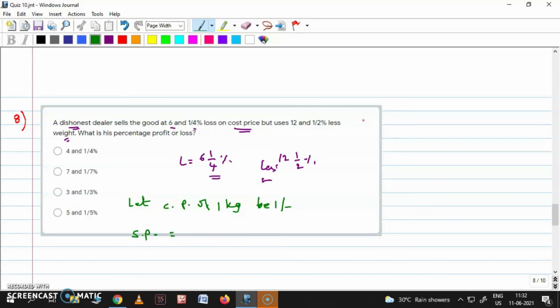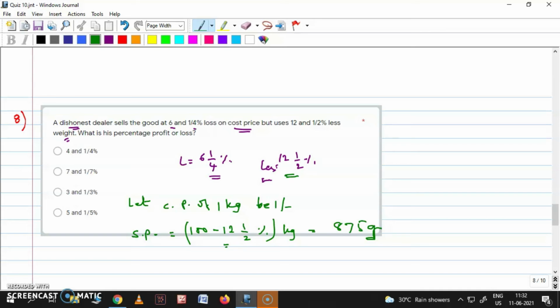Selling price is equal to 100 minus 12 and 1 by 2 percentage of 1 kg, because he has used less weight. Which is equal to 875 gram. So instead of 1000 gram, we are now getting 875 grams.